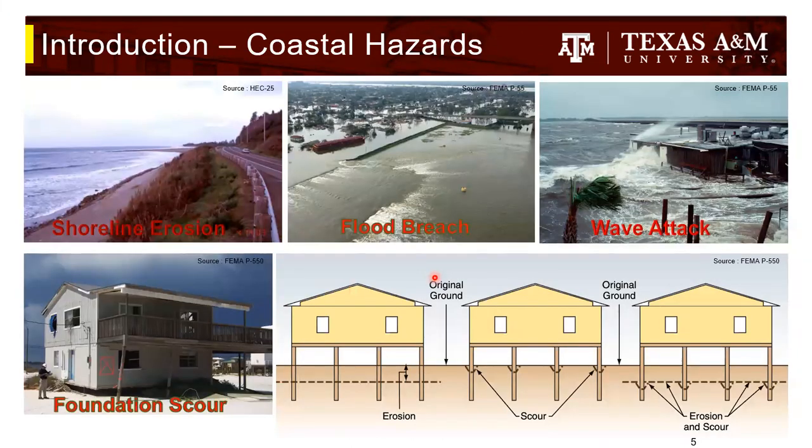Now, just to give a quick highlight of the different types of coastal hazards that we are talking about, one of the major ones which we are all familiar with is shoreline erosion, right? This is a continuous process, where the shoreline gets eroded away, reaches the infrastructures and damages them. That is a significant concern, and that's a progressive failure.